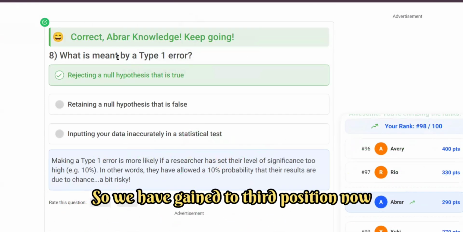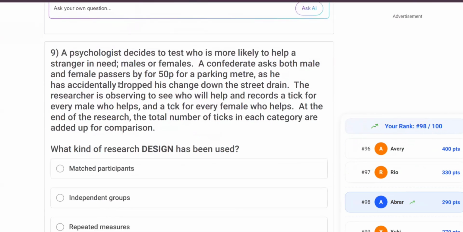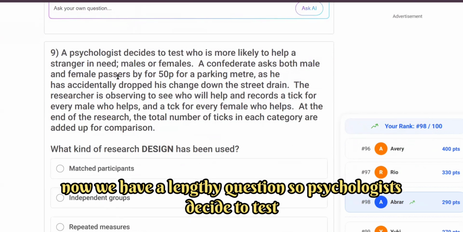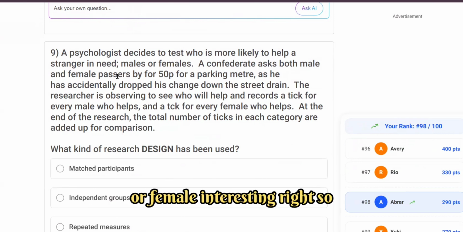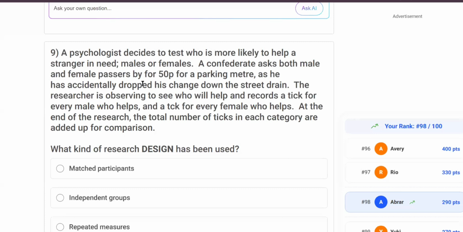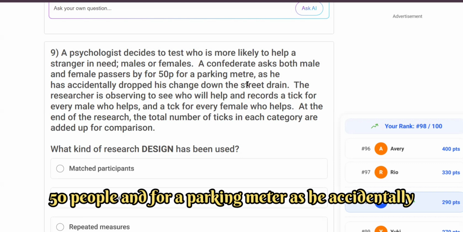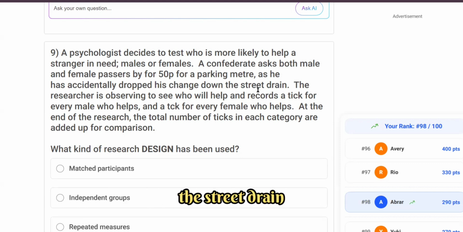So we have gained to third position now. Now we have a lengthy question. Psychologists decide to test who is more likely to help a stranger in need, male or female. Interesting, right? The experimenter asks both male and female passers-by for 50 pence for a parking meter, as he accidentally dropped his change down in the street drain.